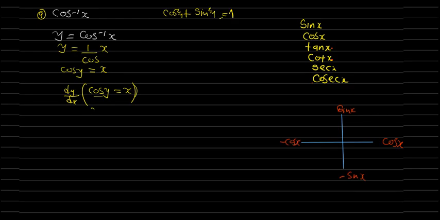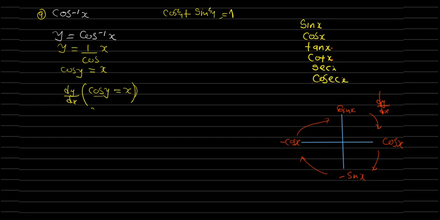So I said whenever you differentiate sine, you get cos. You differentiate cos again, you get negative sine. You differentiate negative sine, you get negative cos. So dy/dx is moving anti-clockwise. That's how we'll be moving.